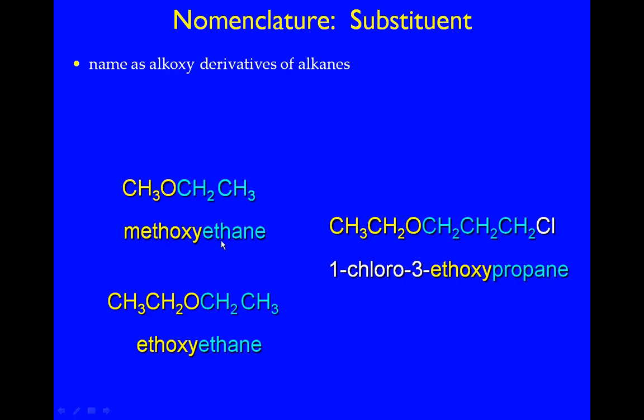That's why it's called methoxyethane. So you choose the longest chain first, and then the small alkyl group goes as a substituent on the oxygen. This is the parent alkane, and this is regarded as the substituent. That's why it's ethane, methoxyethane.